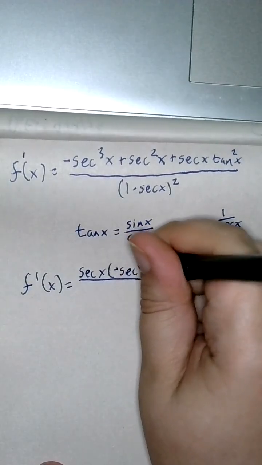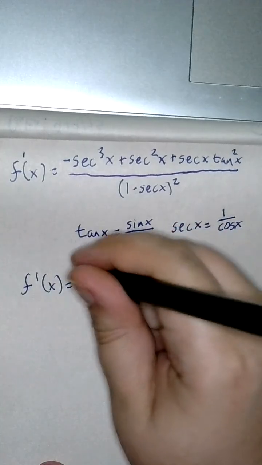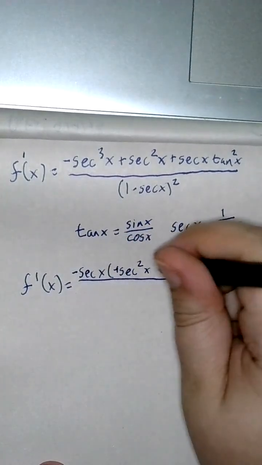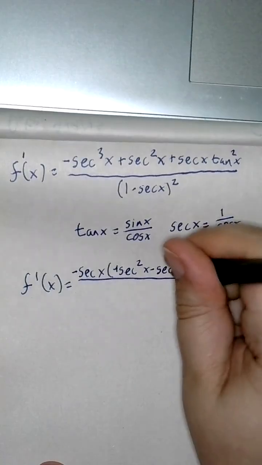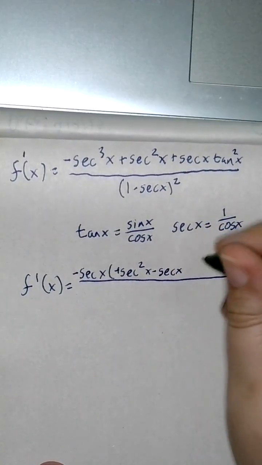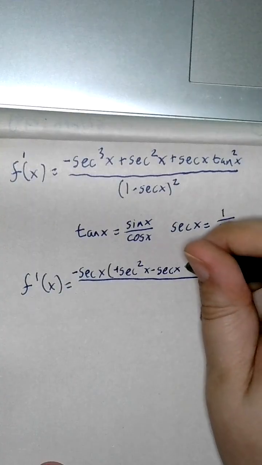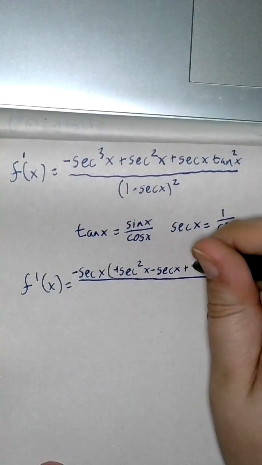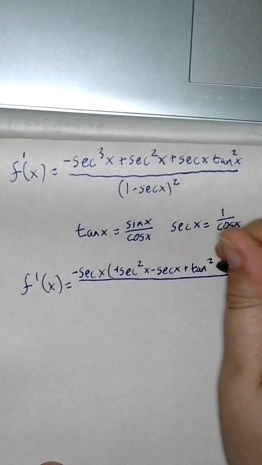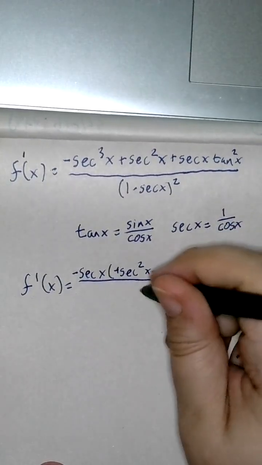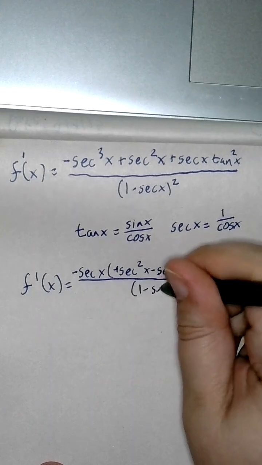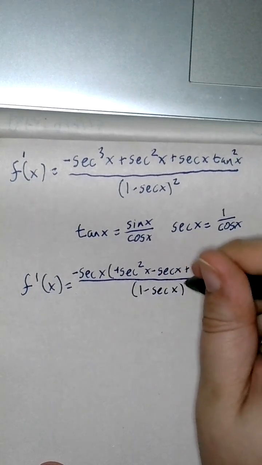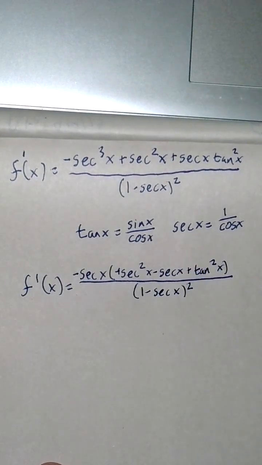I'm left with negative secant squared. Or actually, let's factor out a negative. So that's positive minus secant x plus tangent x, tangent squared. That's over 1 minus secant x all squared.